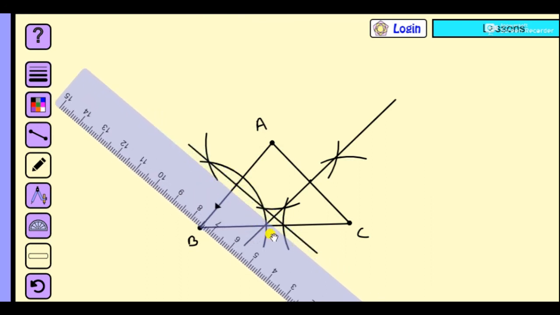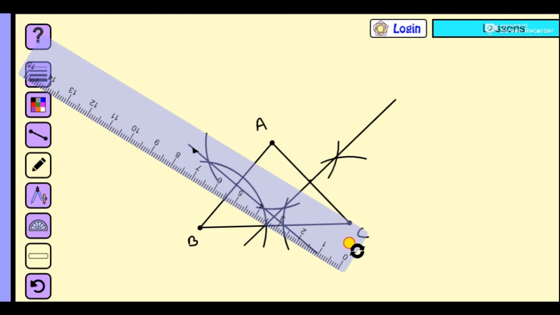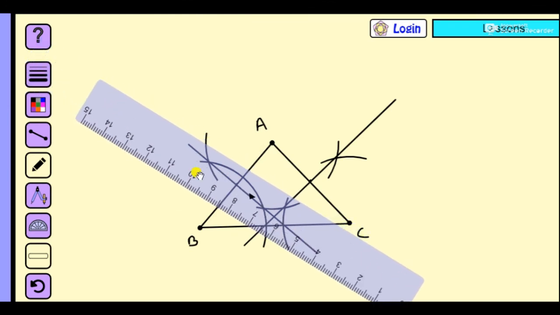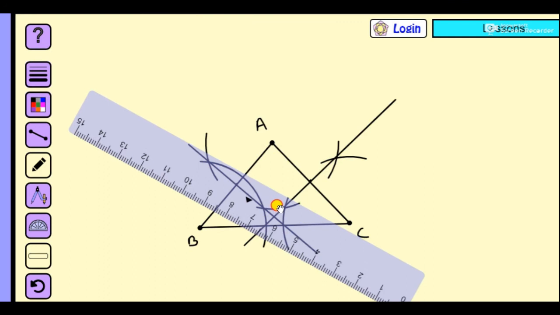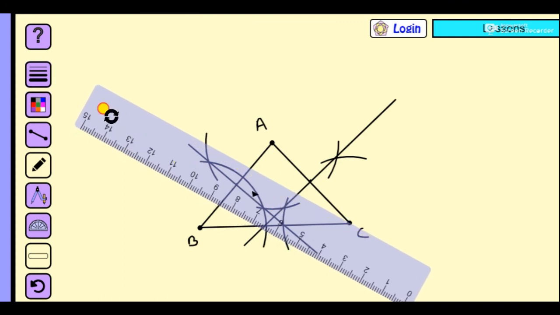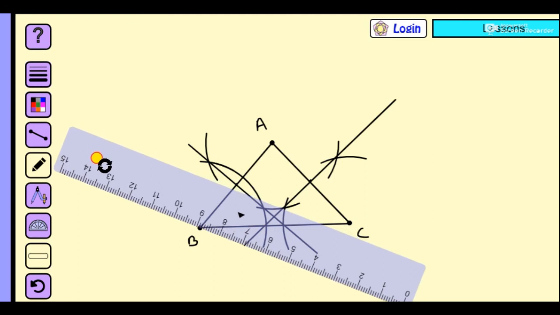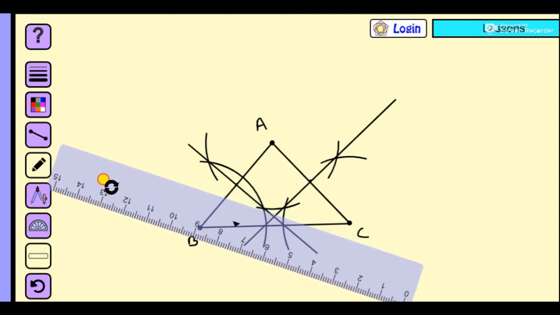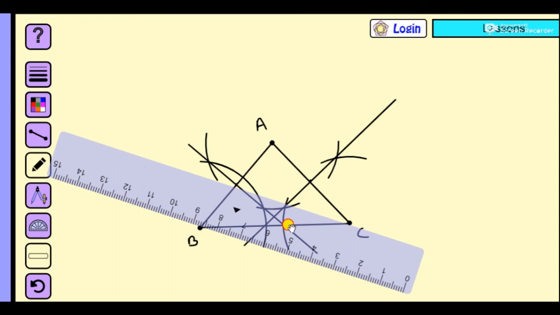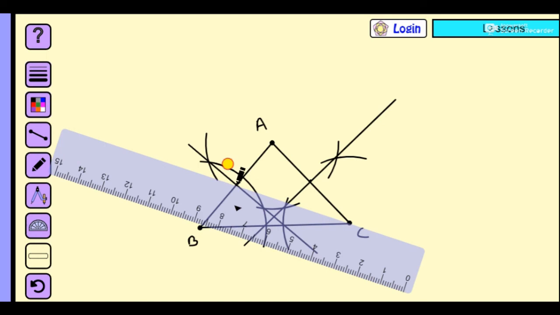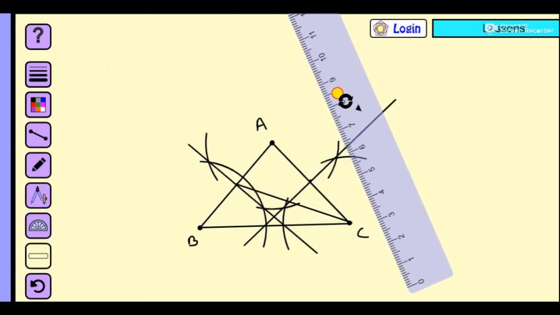It is point C. Just draw a line. This is the median, this one, and the second median you can draw from here.